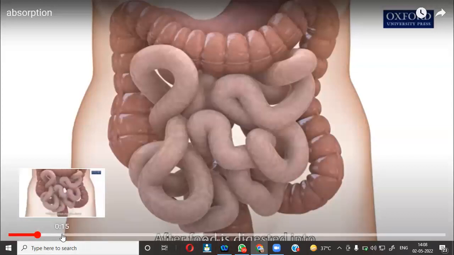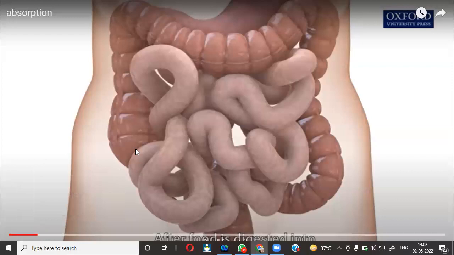Emulsification of fat means fat is ready for further digestion, means fat changes into fat globules, fat droplets, small droplets, and it is ready for further digestion.